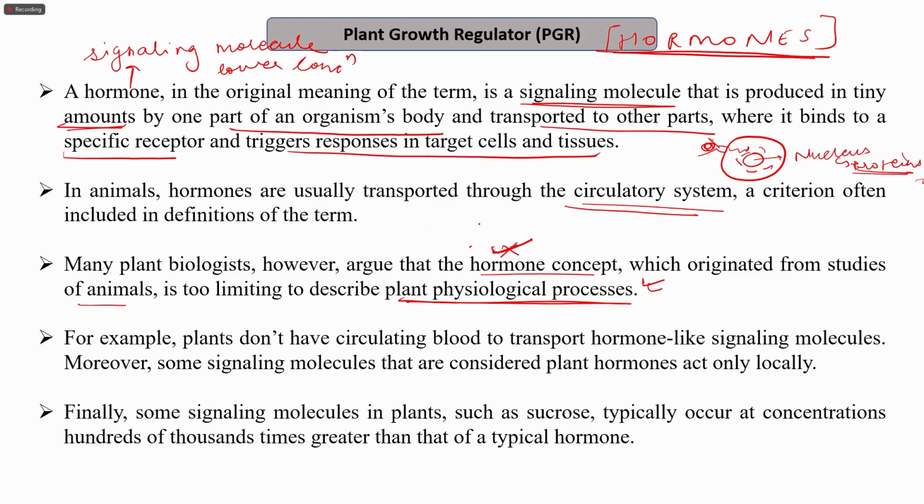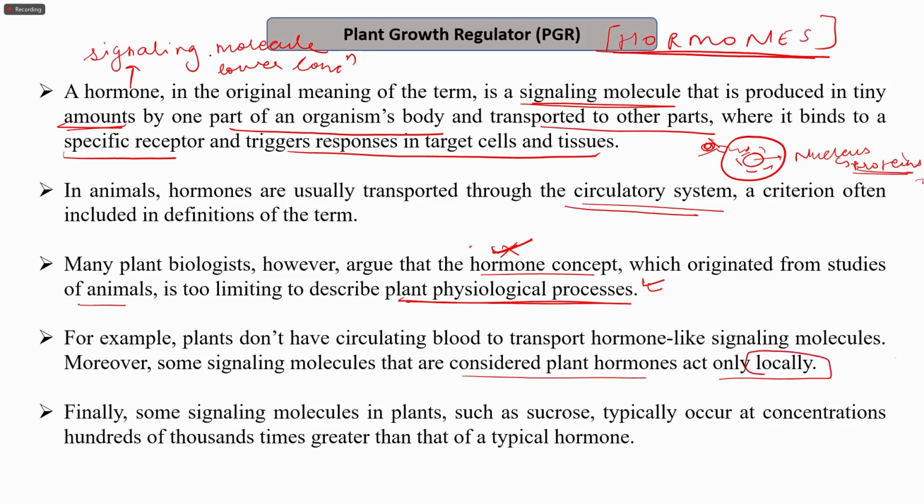In animals, hormones are transported through the circulatory system, but plants do not have circulating blood to transport hormone-like signaling molecules. Moreover, some signaling molecules considered plant hormones act only locally.